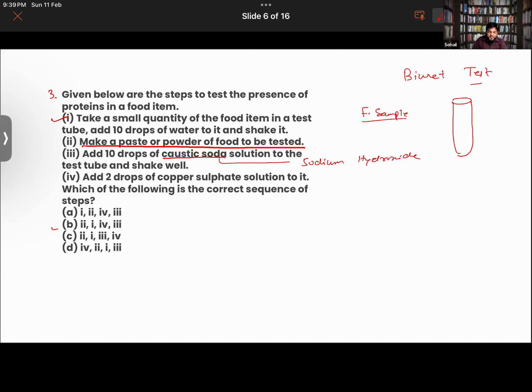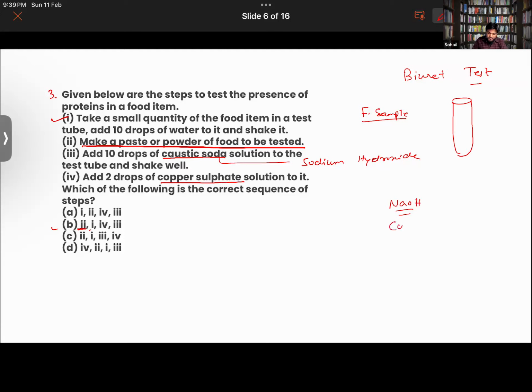So the first order was true, the second order was also true, but after that you will add 10 drops of sodium hydroxide, that is NaOH. After this, you will be adding copper sulfate solution to it.